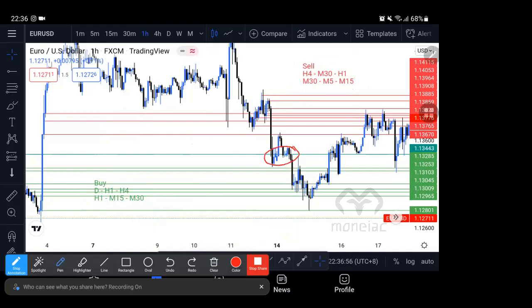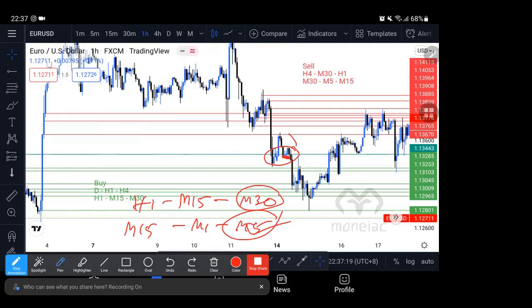So what is happening when, let's say, we re-enter over here? Our bias will be M30. Or even if we drop even lower, let's say M5 breaks first, we wait for M30.